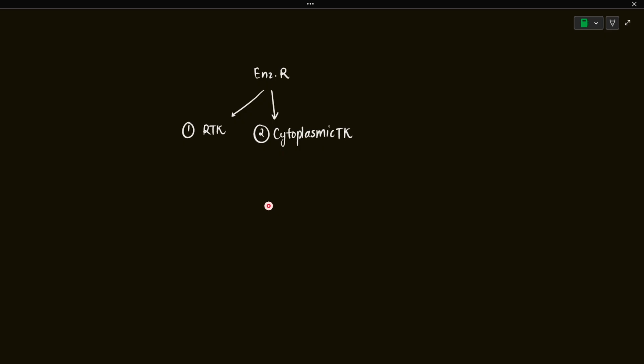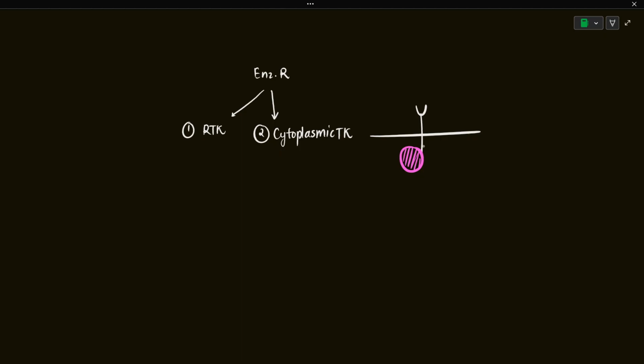In receptor tyrosine kinases, the receptor intracellular domain itself has the tyrosine kinase activity, but in the case of cytoplasmic tyrosine kinases, the intracellular part is just there, and it is coupled with an enzyme which is inactive when the signal is not there. It will be activated when the signal comes and binds to this receptor protein.